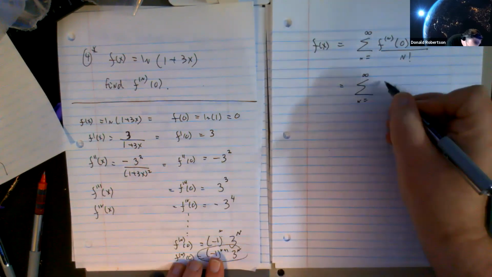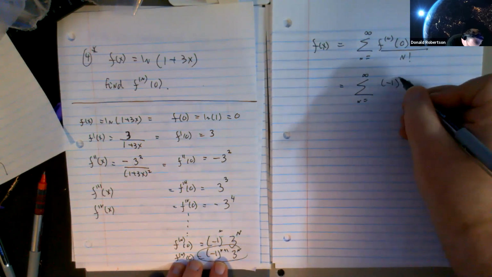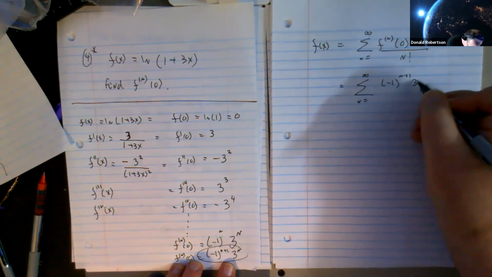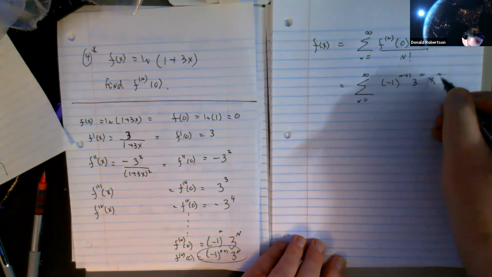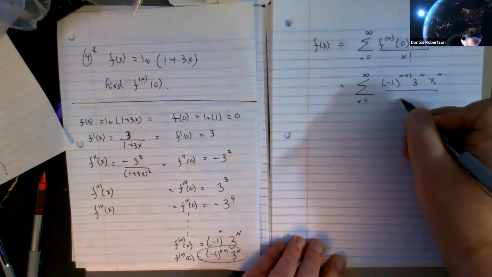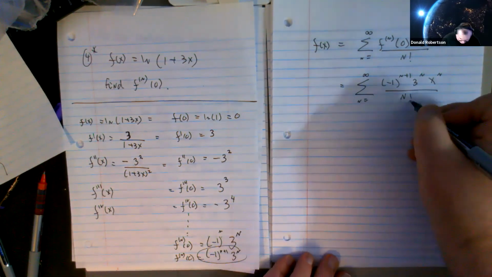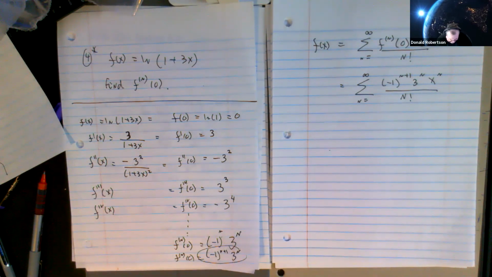This is negative 1 to the n plus 1, 3 to the n, x to the n over n factorial. So far, so good. Agreed?